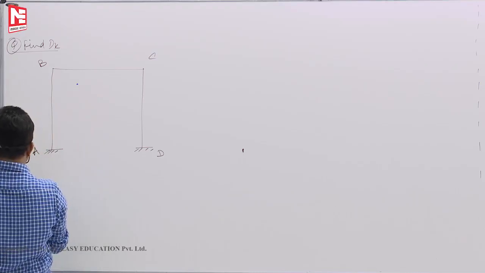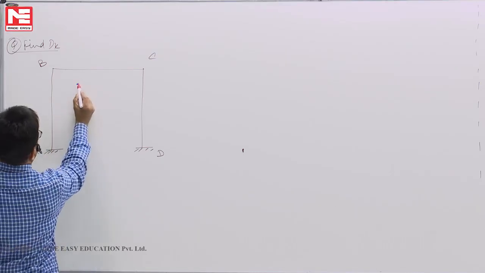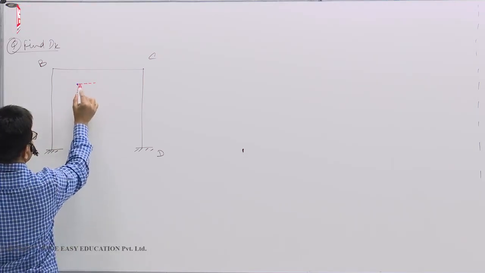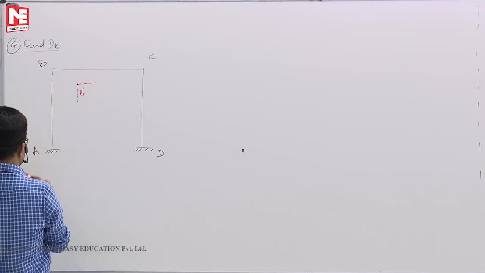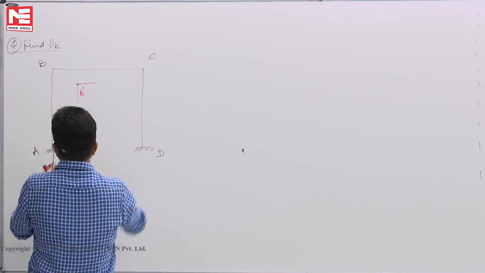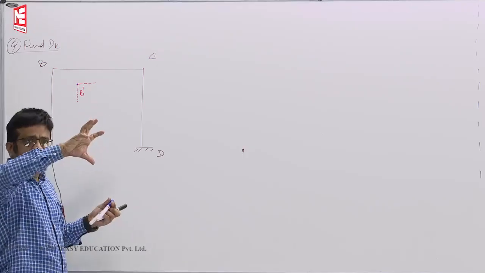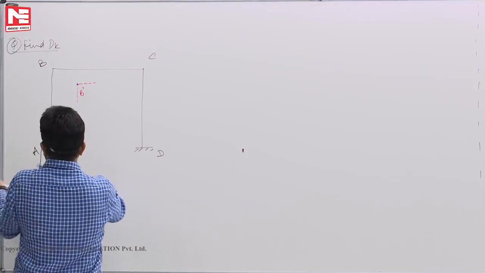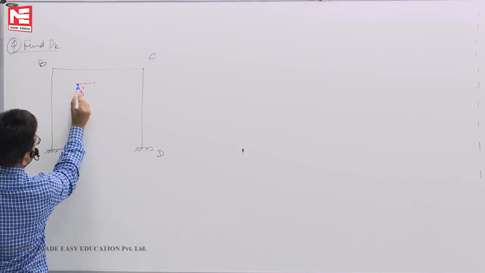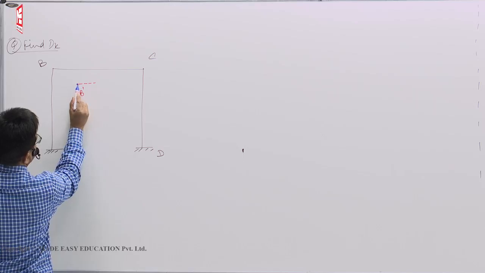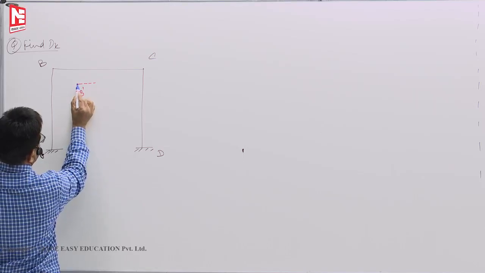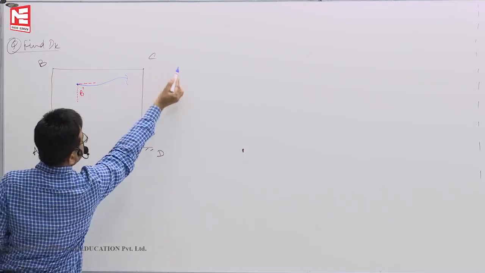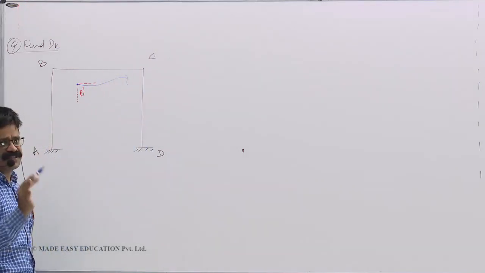Initial direction is this one. These are the initial positions, so it has come to say B dash. Now it rotates. Rigid joints rotate after bending. So the deflected shape of the beam, assume that it has rotated by some angle. Like this it goes up, somewhere here it stays, the entire deflection profile.